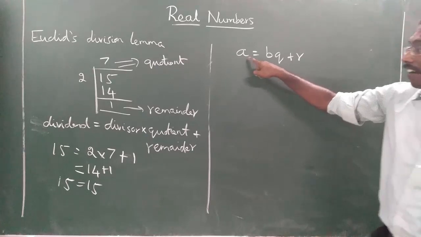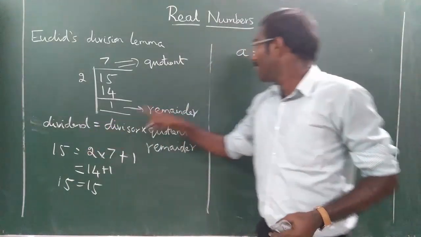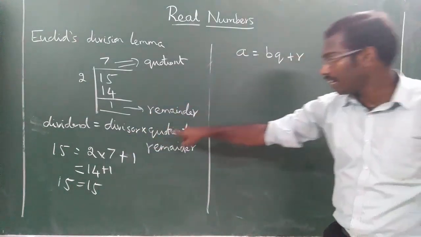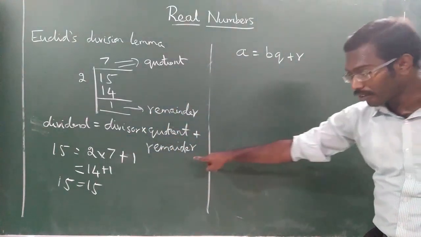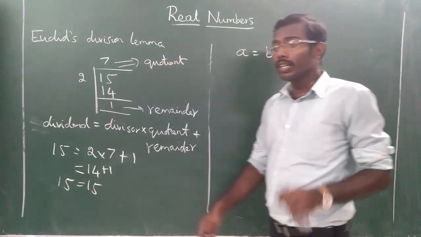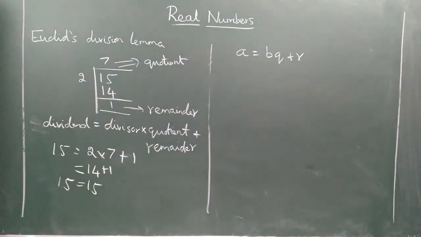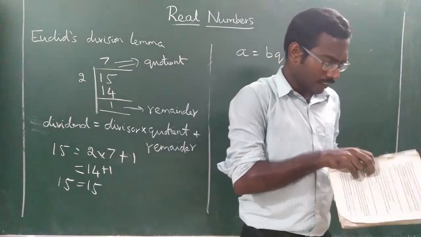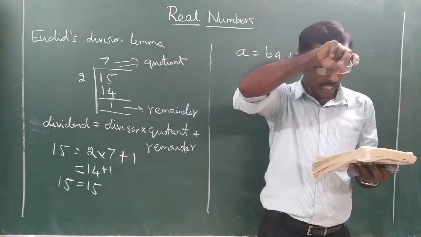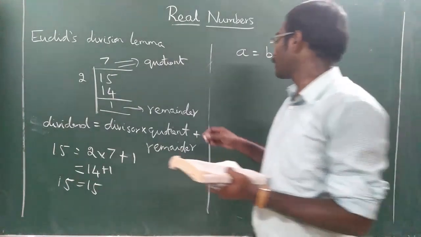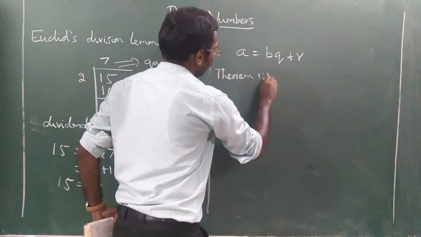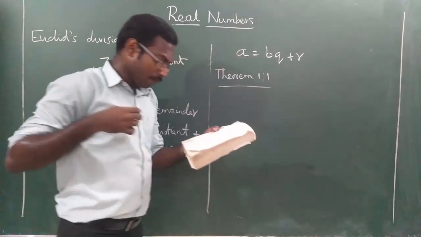In the same way, this is Euclid's division lemma. This a represents the dividend and this b represents the divisor, q represents the quotient and r represents the remainder. Okay, so Euclid's division lemma is given by a theorem. In your book, page number 3, it is given as a theorem. So please study this theorem, Theorem 1.1. Let me read it out.